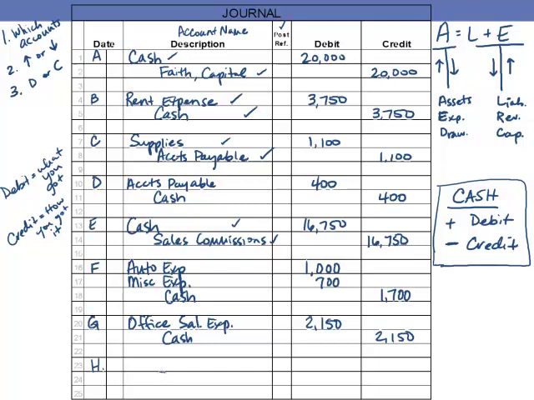So we're going to have a credit to supplies for 600. Our debit is going to be to supplies expense, which is increased with the debit.